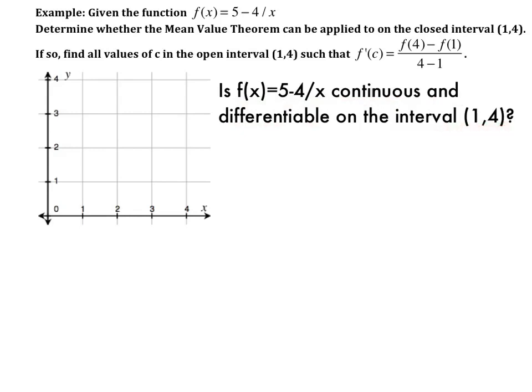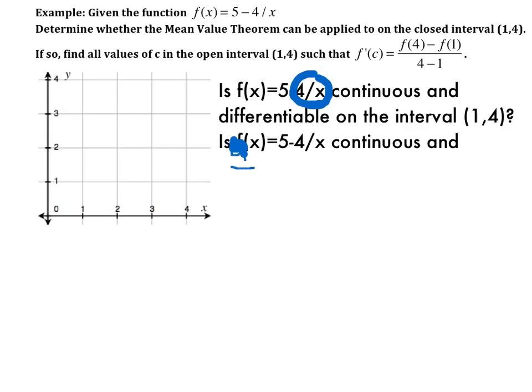Well, this is a rational function. The only place this would not be continuous is where x equals 0. But we ask ourselves, is x equals 0 on the interval 1 to 4? Well, it's not, so therefore we know it's continuous.